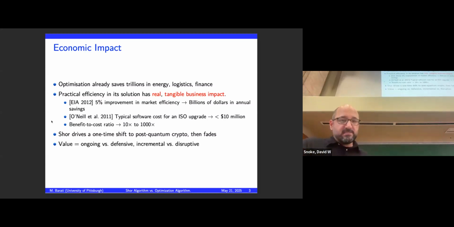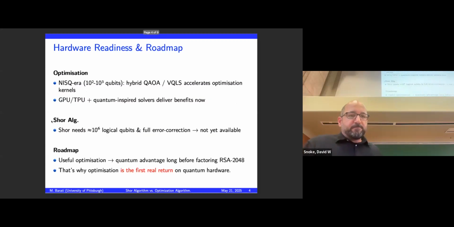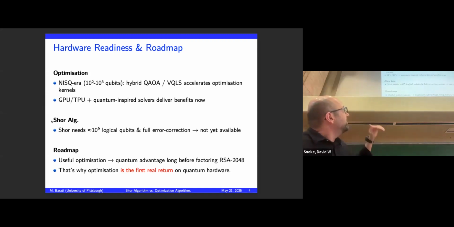In terms of hardware readiness and roadmaps, for optimization problems, by having a couple of hundred to a couple of thousand qubits, hybrid QAOA and the variational quantum linear solver accelerate optimization kernels.